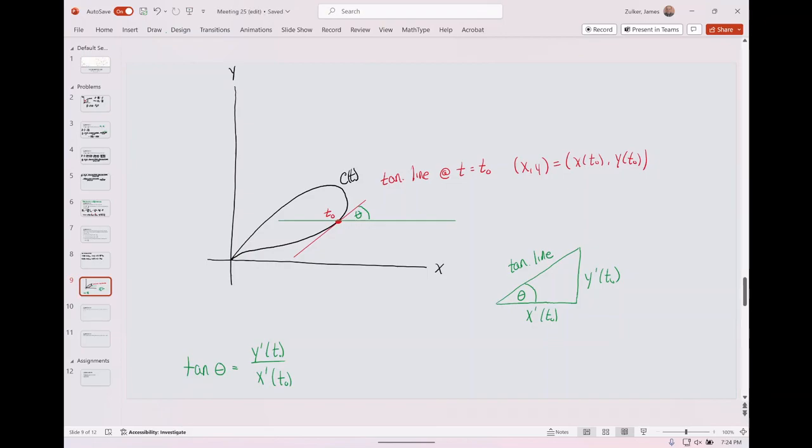And let's call that theta naught to represent it's at that specific point, because obviously that theta is going to change if we draw the tangent line at a different point. This means theta is a function of t. That angle of inclination is going to change depending on the point.